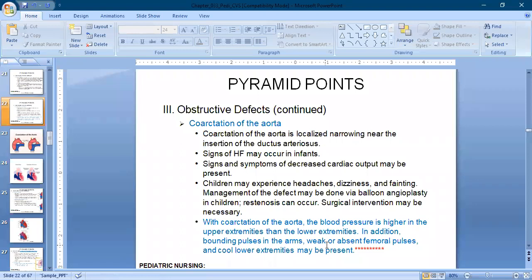I want to recap it. In case of coarctation of aorta, the blood pressure is elevated in the upper extremity, also bounding pulse in the arms, but blood pressure is reduced in the lower extremity and pulse is reduced in the lower legs, right? And also lower leg skin is cooler. This is the question asked, right?